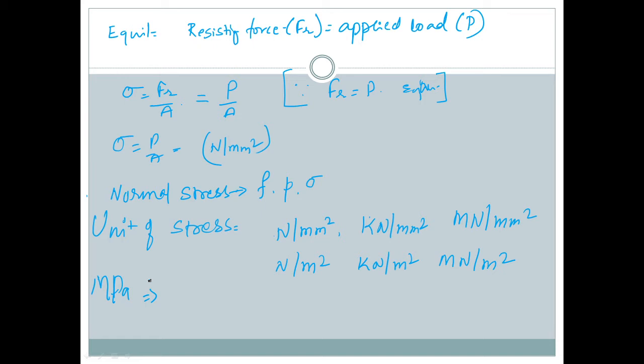Megapascal. Mega means 10 raised to 6. Okay, so Pa means Pascal. Now you need to know 1 Newton per mm square equal to 1 megapascal.